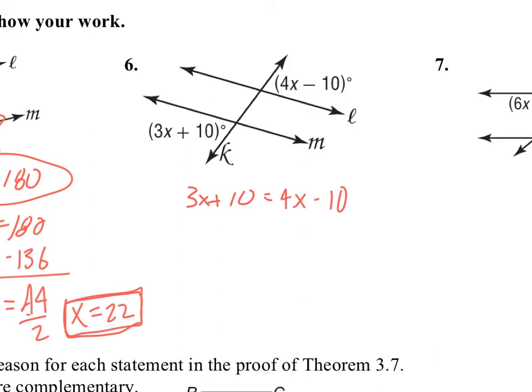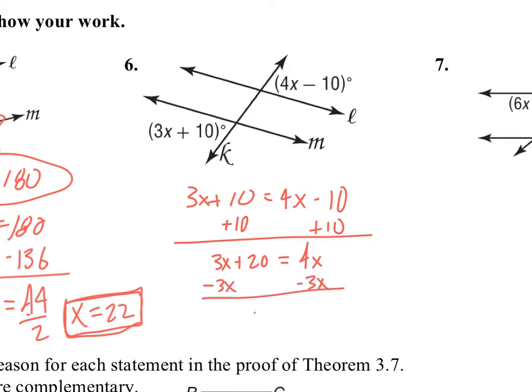I would add 10 to both sides, and I would get 3x plus 20 is equal to 4x, and then subtract 3x from both sides, and we get that 20 is equal to x. So if x is 20, then it makes these two angles congruent, and so lines L and M would have to be parallel cut by transversal K. Let me draw in here that these are parallel if x is 20.